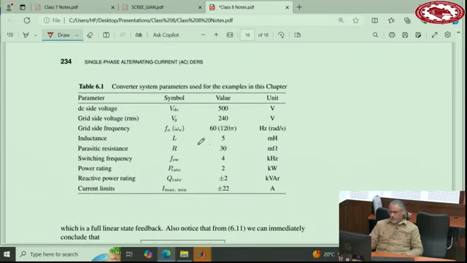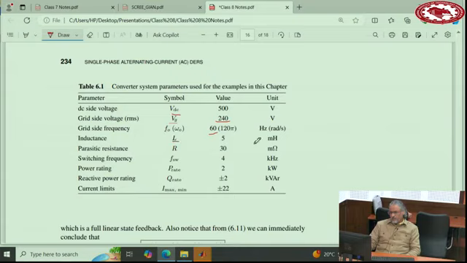Let's go with this setting, VDC 500 volt. On the AC side we have 240 volt AC, frequency 60 Hz. This 240 is RMS, so the peak value is, I think, 340 or something like that.